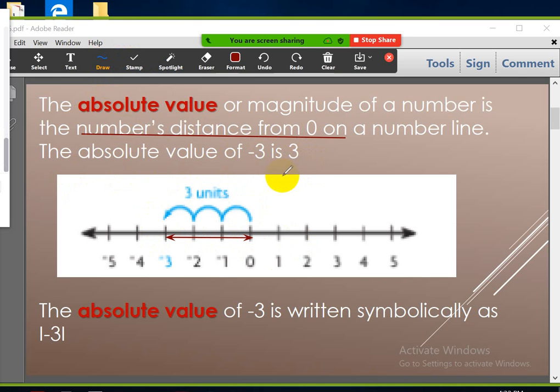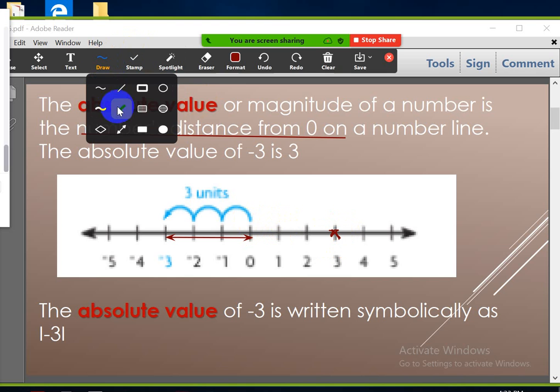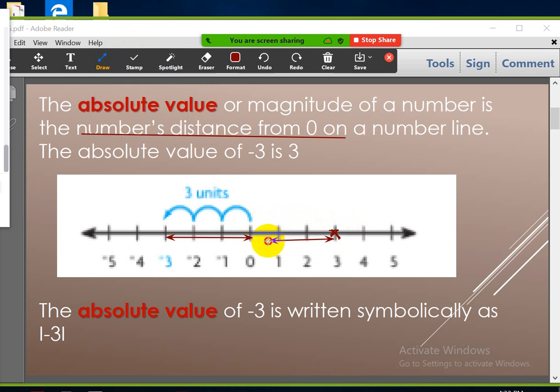Now, what is the absolute value of 3 as an example? This is the place for the number 3. The absolute value will be the distance between the point that represents the number and the 0 point. Now count.